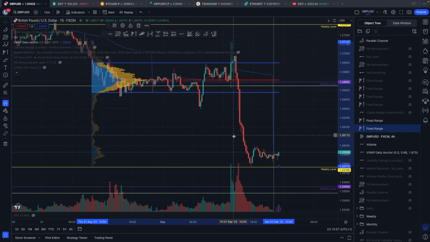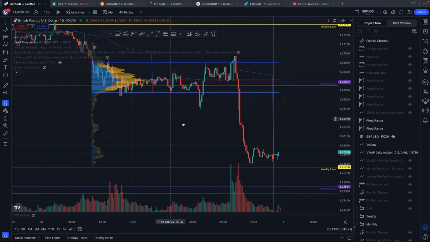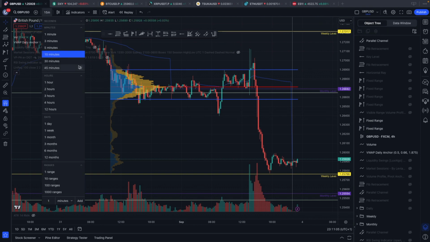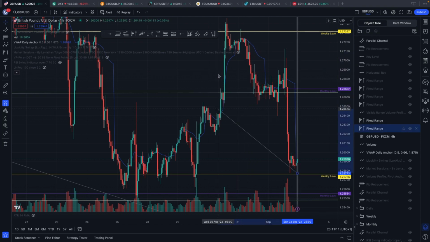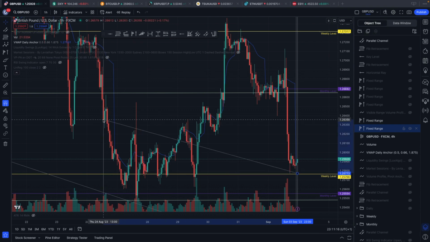There isn't much other volume around here unless we go all the way down here. The rest is all the way back, especially in this range. But the 15-minute chart is not good. Let's go at least to the next chart. We could do this whole range, this bottom range.